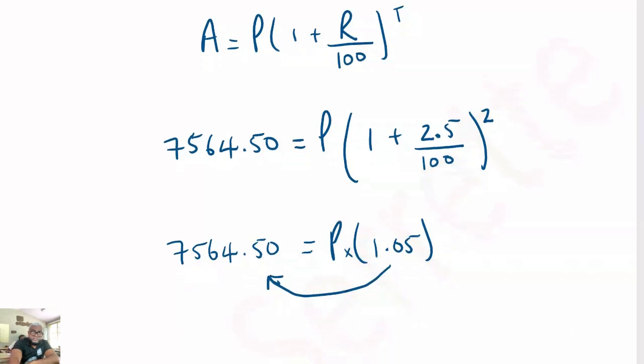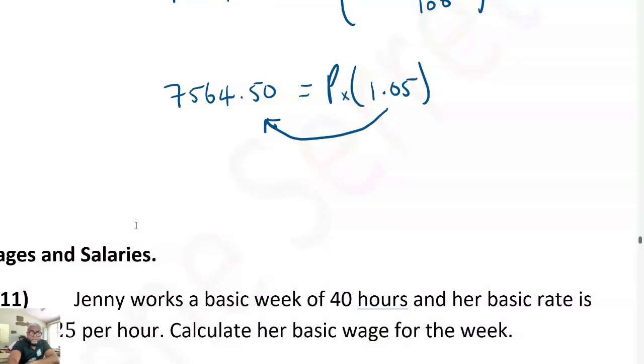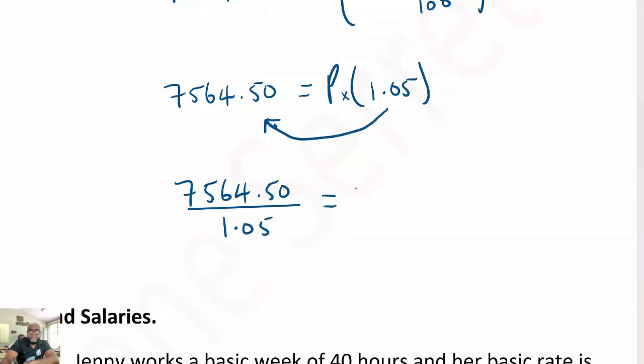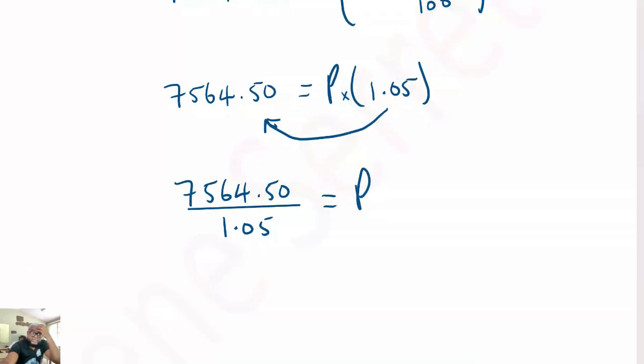So we have 7564.50 over 1.05 is going to be equal to my principal. Can somebody tell me what my principal is, please?